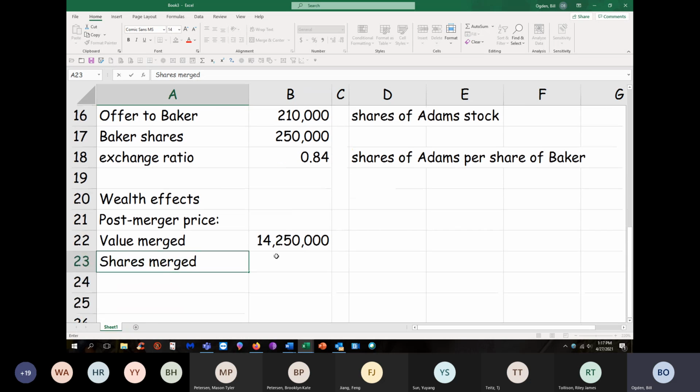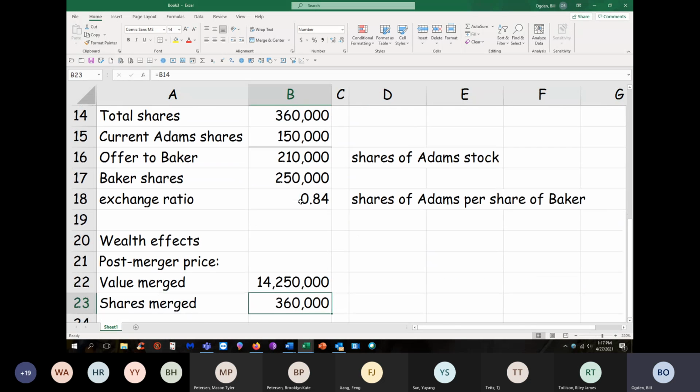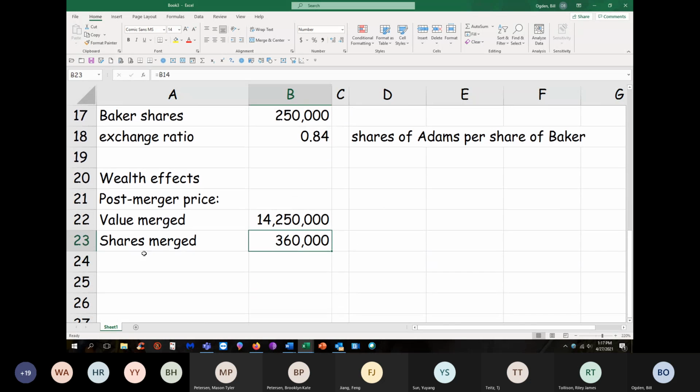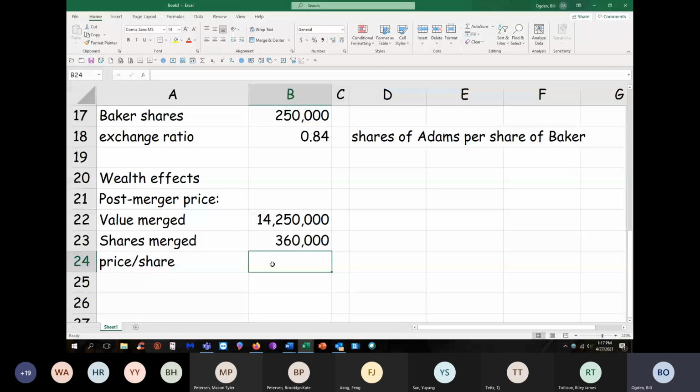All right, so let's work with that number. We'll have 360,000 shares. And so what's the price per share? It would equal the value divided by the total shares.